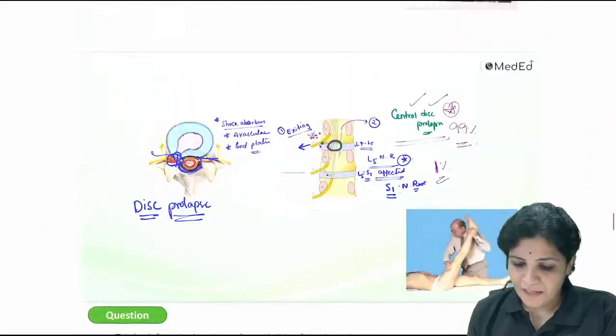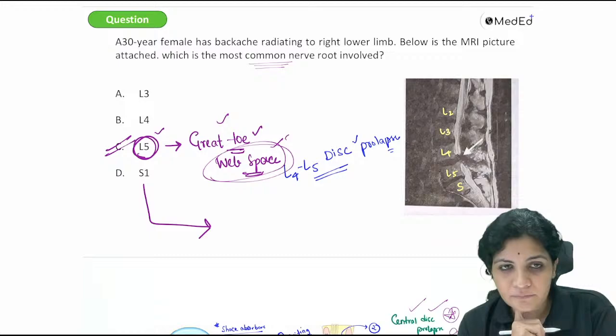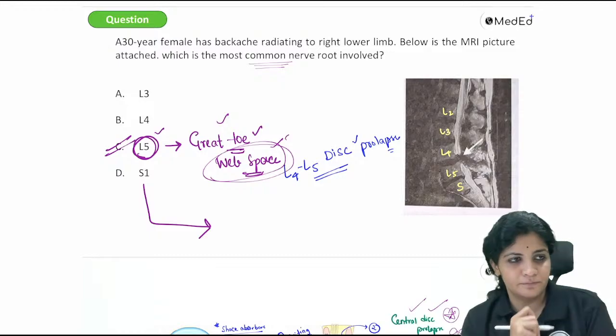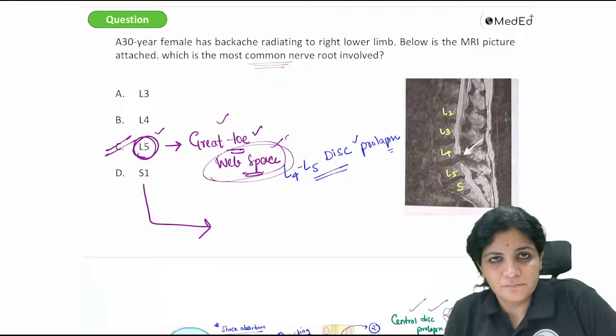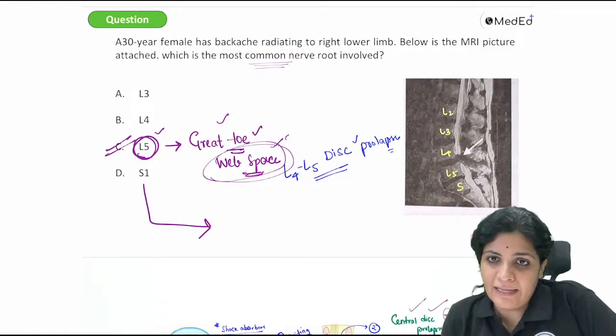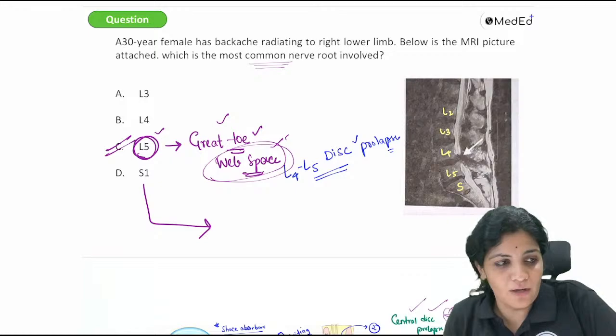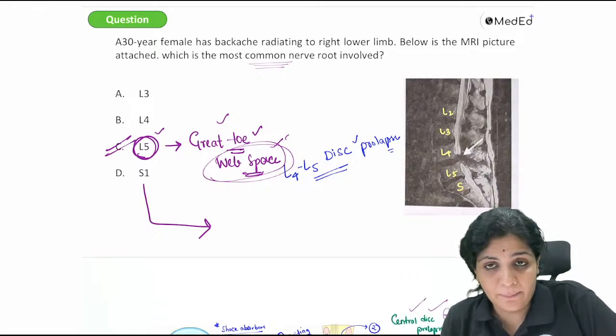Okay, if it was S1, then what do you check? If it was L5 S1 disc prolapse, and I told you that S1 is involved, then what are the areas you check for S1?